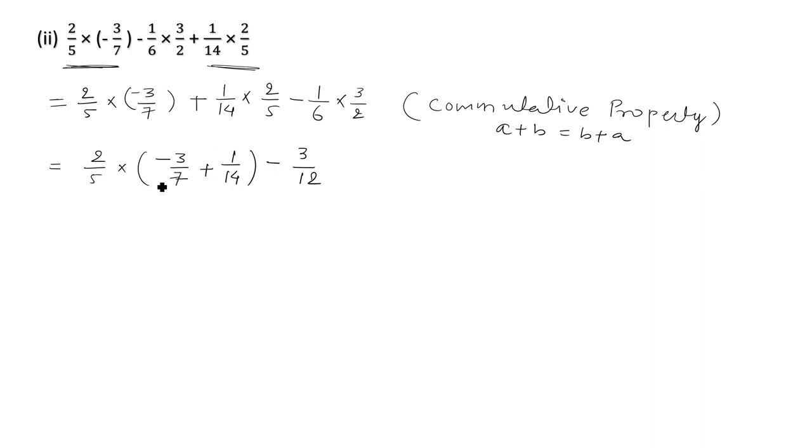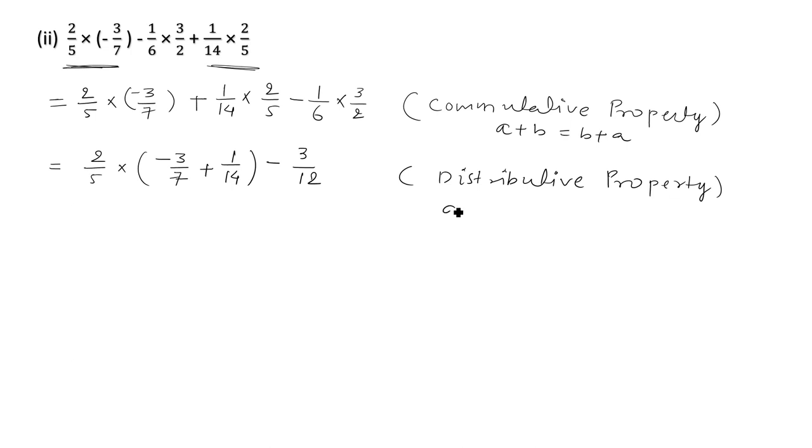So which property are we using here? A into bracket B plus C. So that is the distributive property. And what is the distributive property?